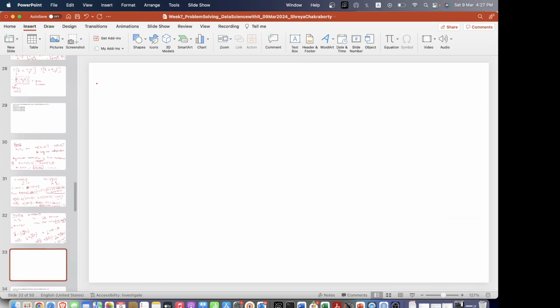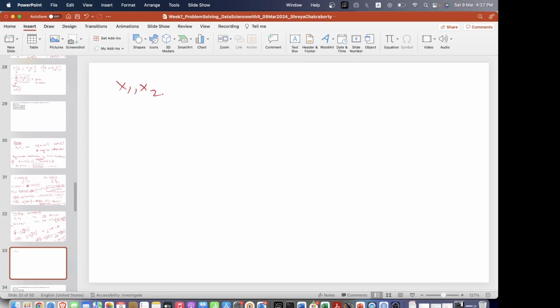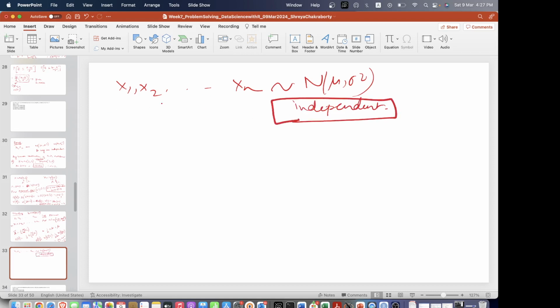So the result is that if x1, x2 and xn follow normal mu sigma square and they are independent, in such cases where independence also holds and each component is coming from the same distribution with the same parameters, we say that these are IID, identically and independently distributed.